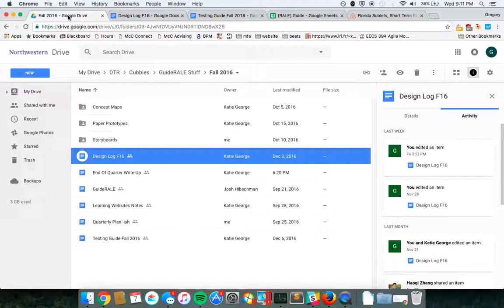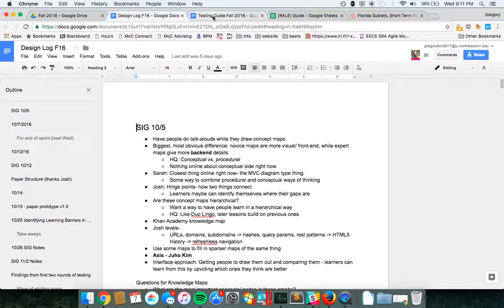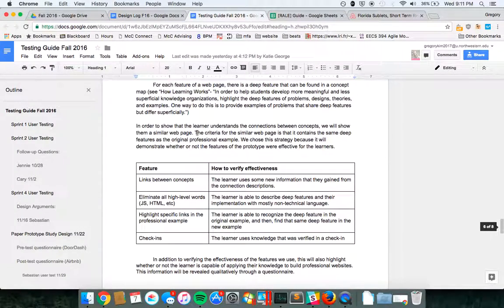We know this is going to be an iterative process, so we're going to continue working on that into next quarter. But right now we're at a point where we have a paper prototype with all of the features that we think are important, and we've done some brief amount of testing. We're going to iterate one more time before we leave, and then continue testing next quarter.